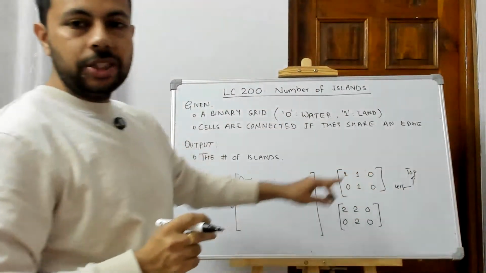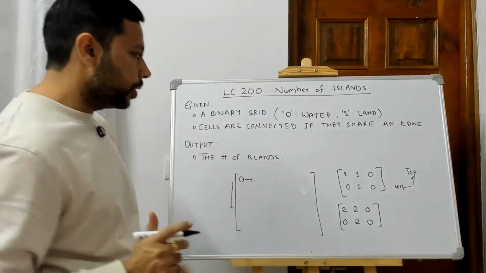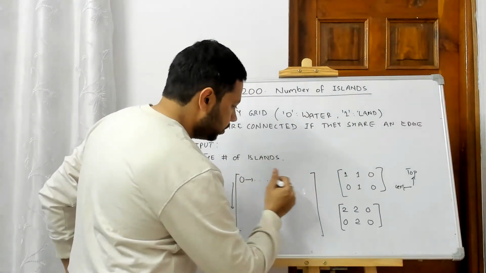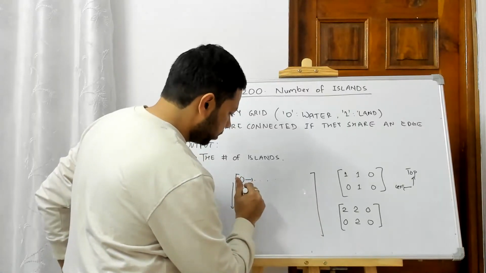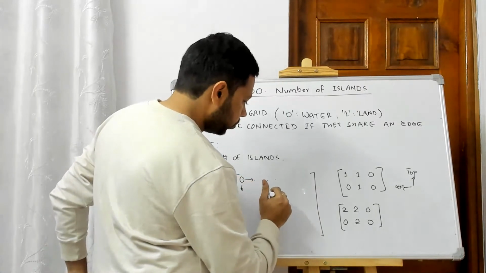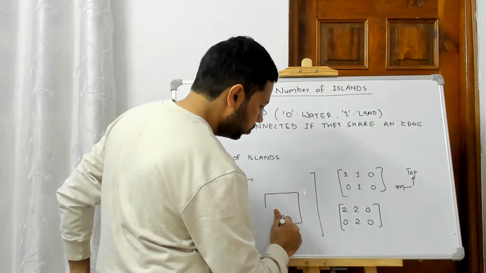But the problem with such a scheme is if you are just going from left to right and top to bottom, there might be an island which looks something like this.